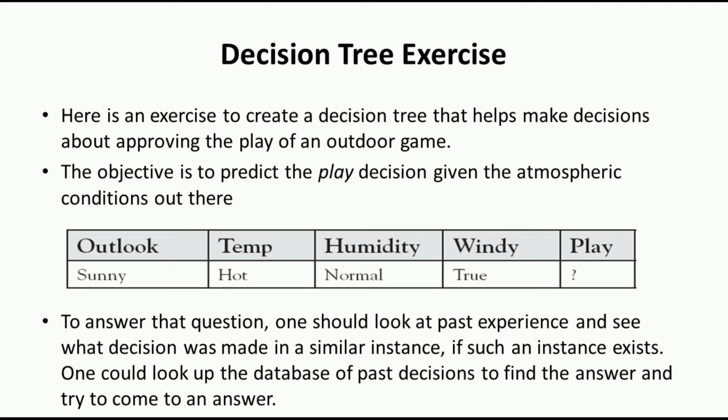What we need to do here is find the label for play, that is the decision variable in this case, whether a particular person will play or will not play tennis.